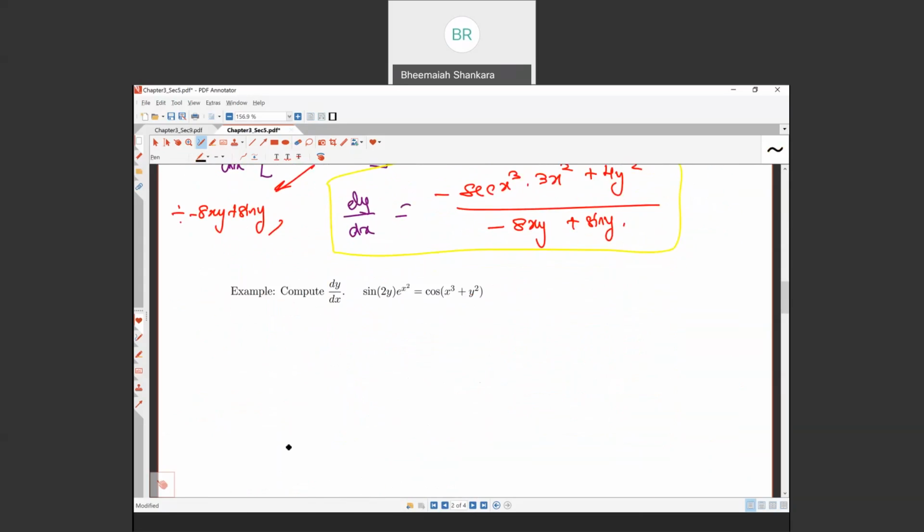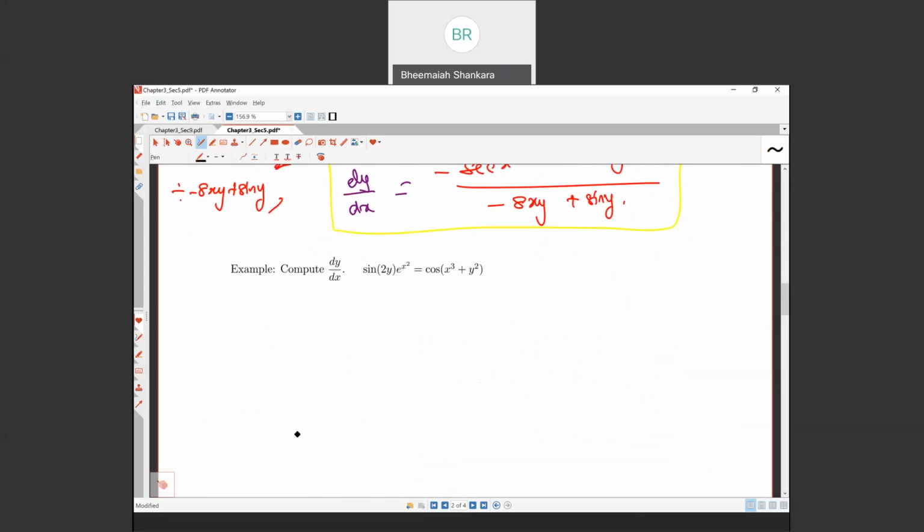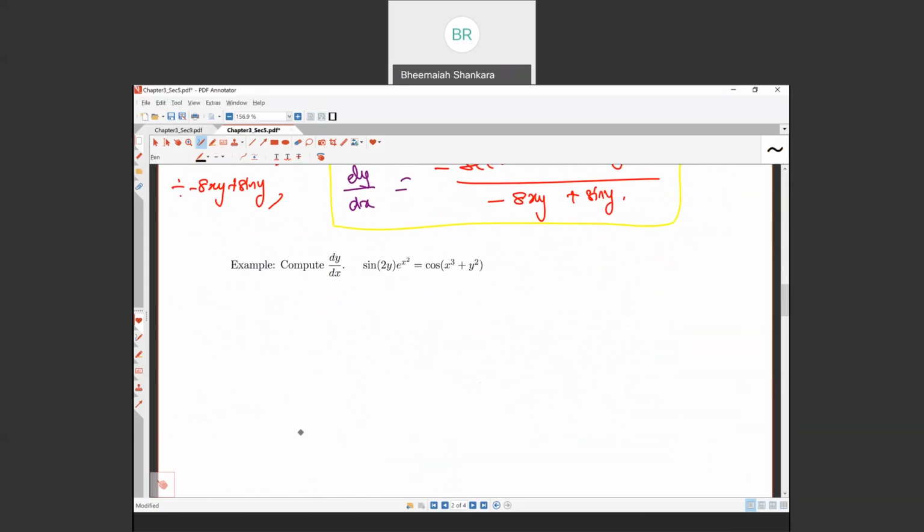Compute dy over dx for sine 2y e to the x squared equals cosine of x cubed plus y squared. So again, I want you to read the differentiation carefully. You're finding the derivative of expression y with respect to the variable x.